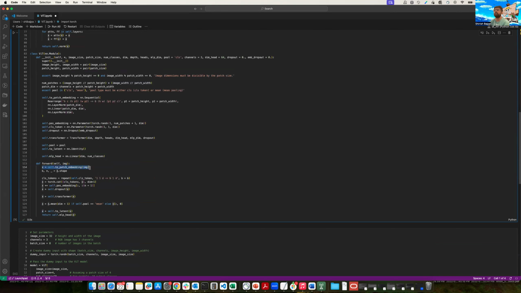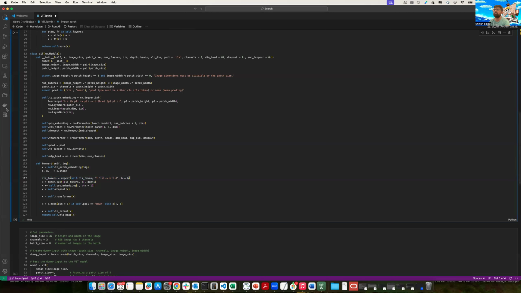Initially, if you remember, we have to first do the patching of the images to pass them into the layer, because we cannot directly pass the image, right? So we do the patching, and here is the patch embedding layer. I'll talk about what it is. Then we add a CLS token, a special token that is supposed to represent the entire image, right?